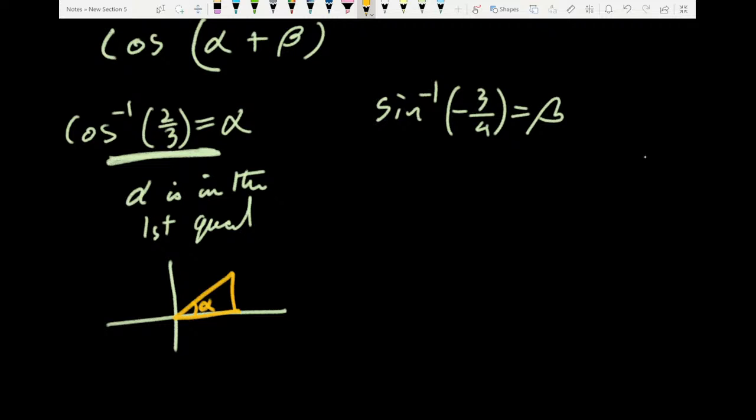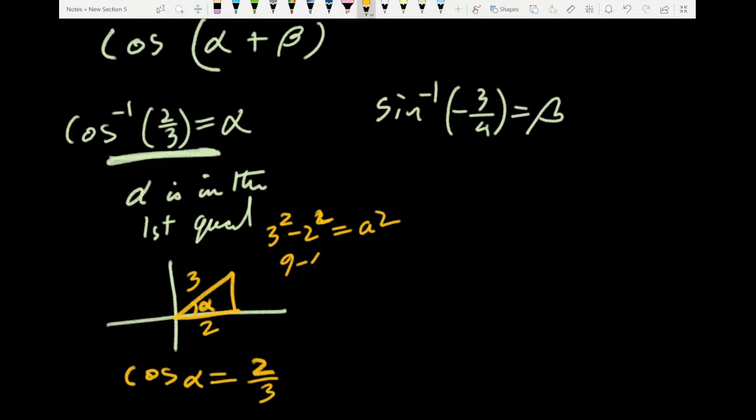And this eventually means cosine of alpha equals 2 over 3. So what is this? Adjacent over hypotenuse. So what's this missing side? 3 squared minus 2 squared is equal to your missing side. We'll call it A. So 9 minus 4, so you get square root of 5.